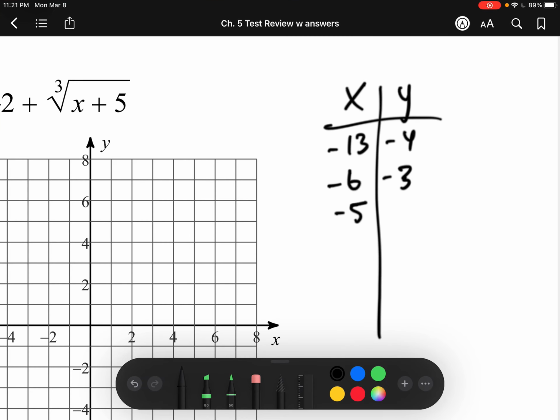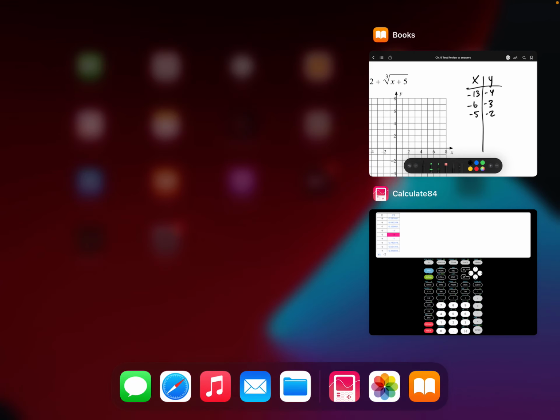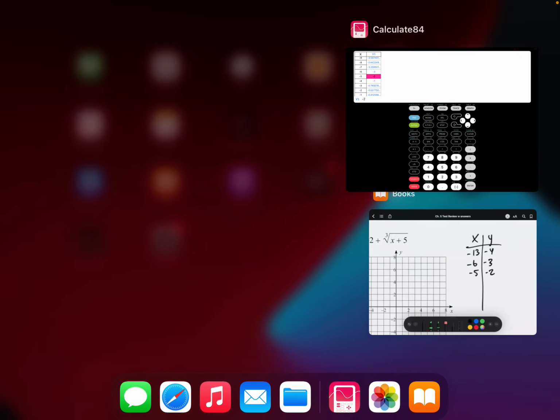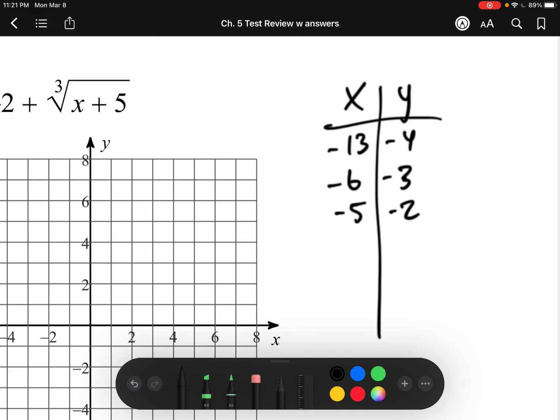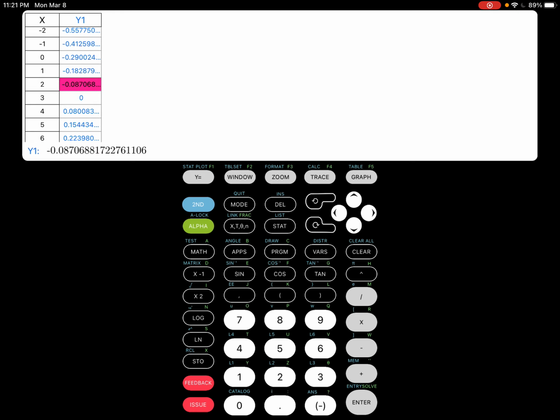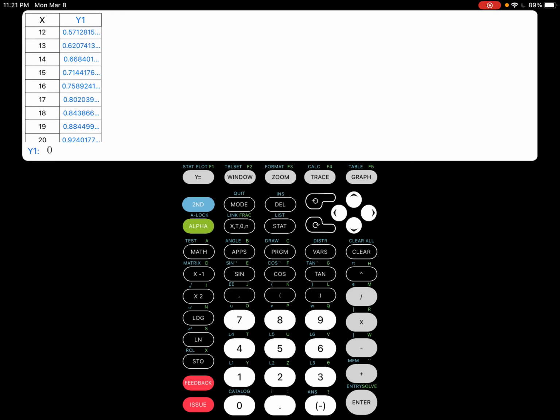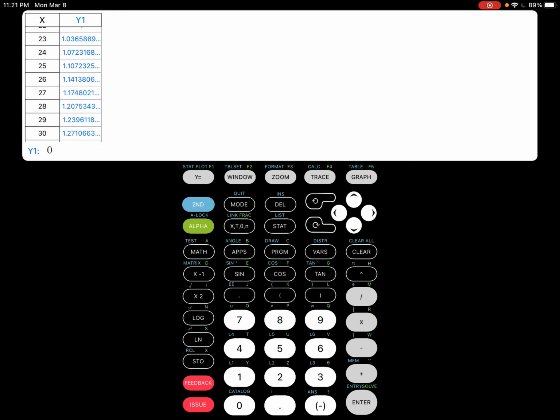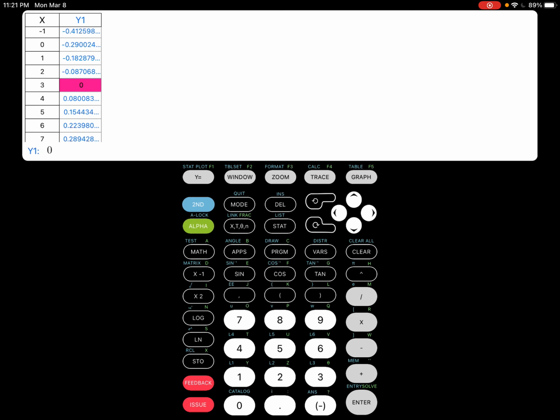Then it was -5, -2. Then it's -4, -1. And then we have -3, 0 right here. The next whole number's not for a while, so that's the last one.